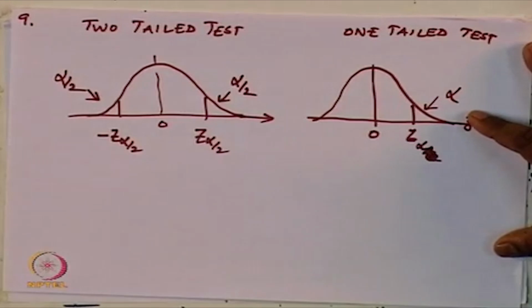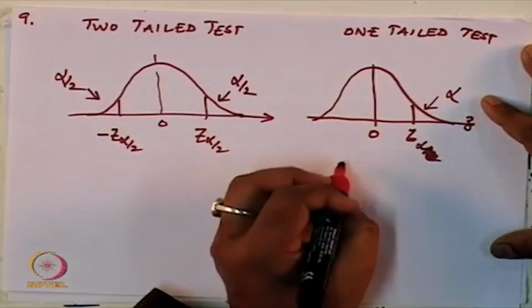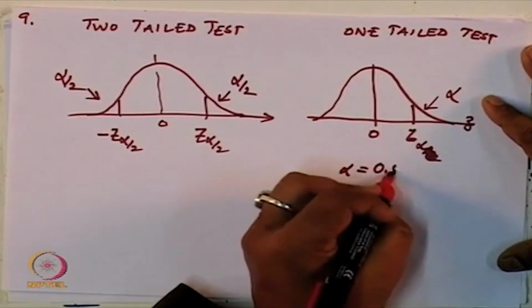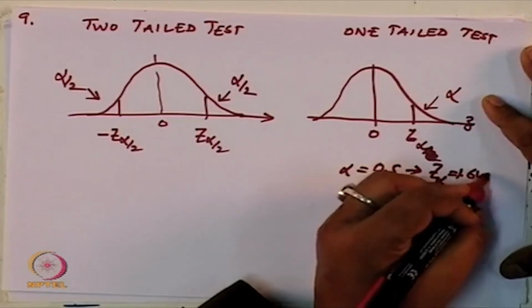So, for the one-tailed test, if I put down the values: for alpha equal to 0.05, I have Z of alpha equal to 1.645.